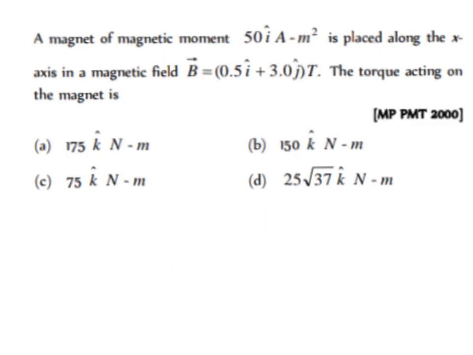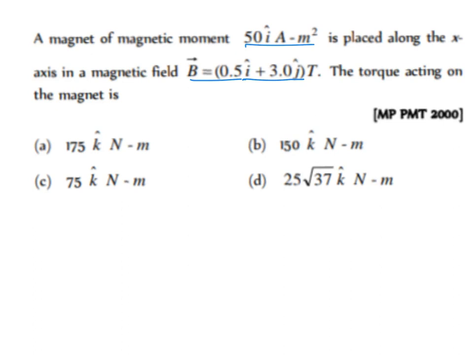Next problem: a magnet of magnetic moment 50 i cap ampere meter square is placed along the x-axis in a magnetic field 0.5 i cap plus 3.0 j cap Tesla.